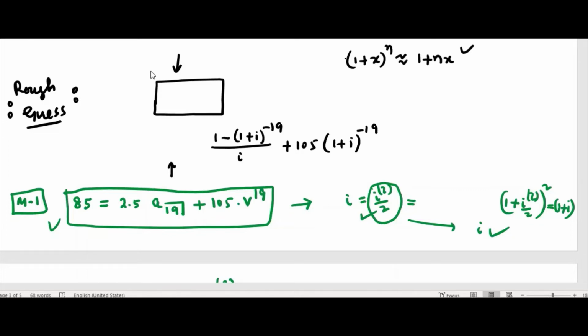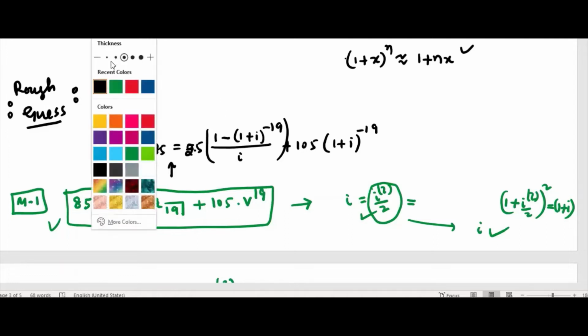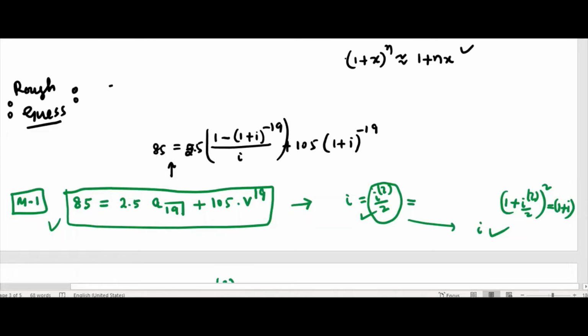This is also v to the power 19, that is equal to 85. 2.5 is here. Where you get this, there you have to take 1 minus nx. So this will be 1 minus 19i, minus minus you will get plus 19i.